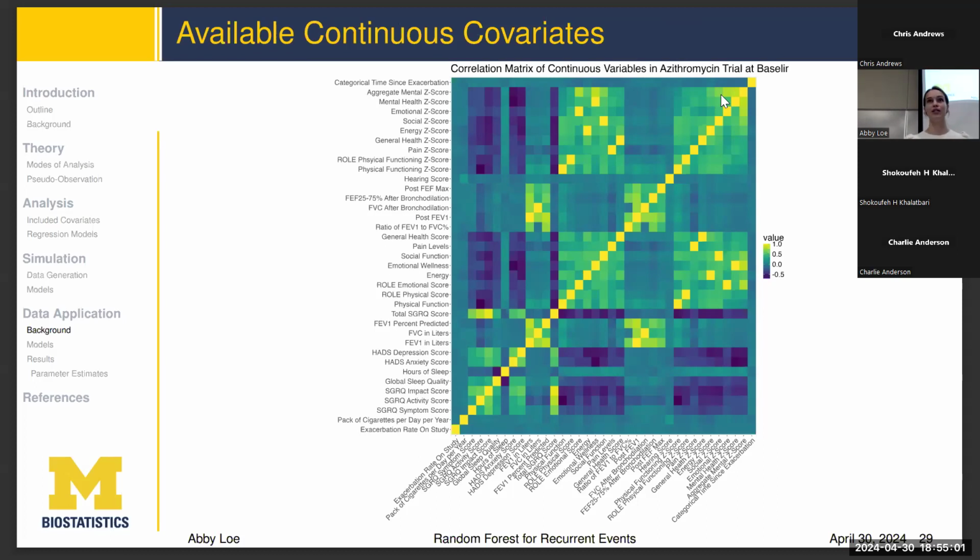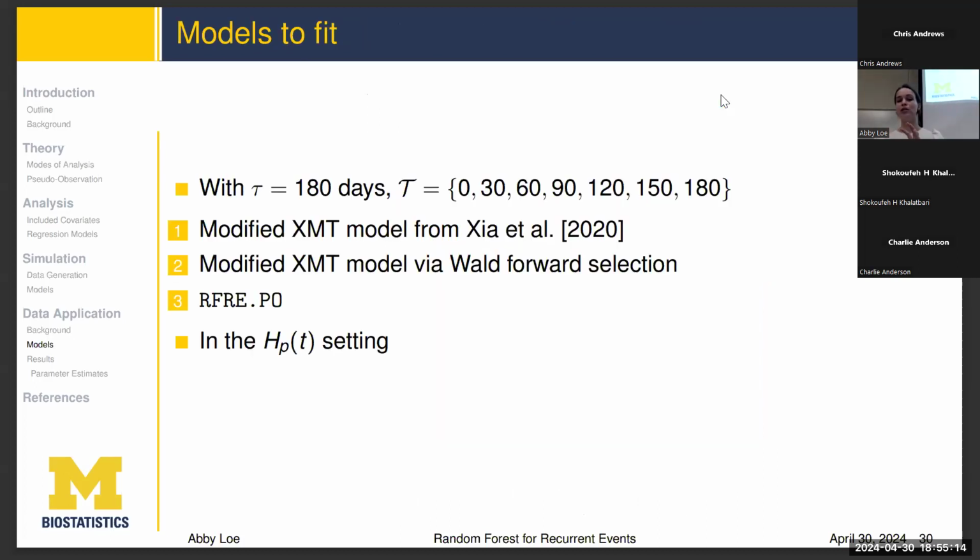And then the next one indicated to put into our model is general health Z-score. But now we have huge variance estimates because our variables are correlated with each other. So it's a Wald forward selection, as long as you don't include a variable that increases model instability. We also did an RFRE.PM.